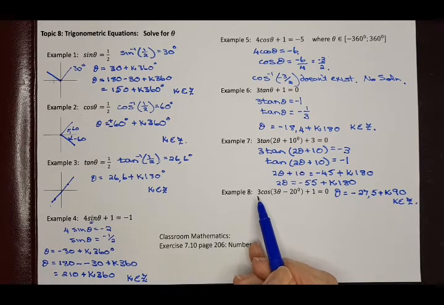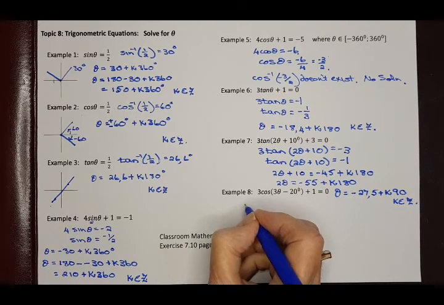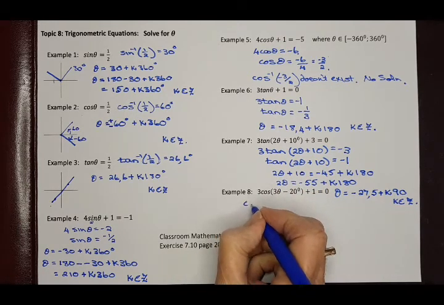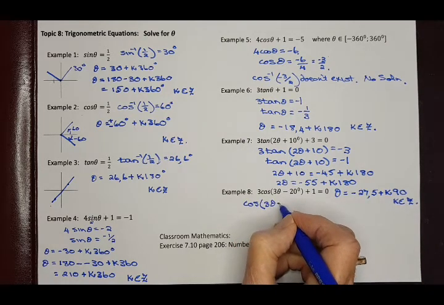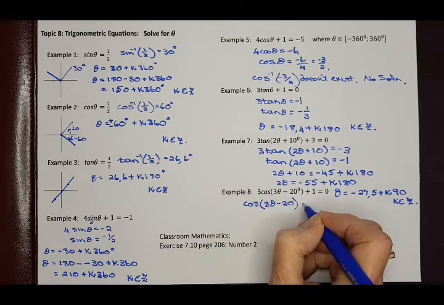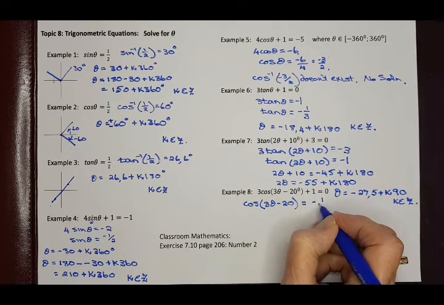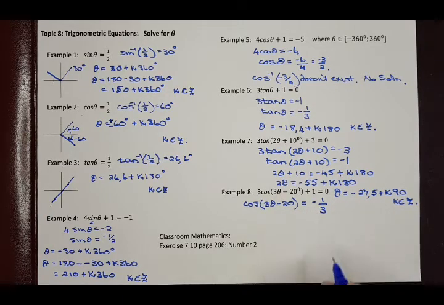The last example, 3 cos of 3 theta minus 20 plus 1 is equal to 0. When I rewrite that equation, I'm going to get that cos of 3 theta minus 20 is going to equal minus 1 over 3. Okay, so we arc cos of minus 1 divided by 3, and our answer becomes 109,5.